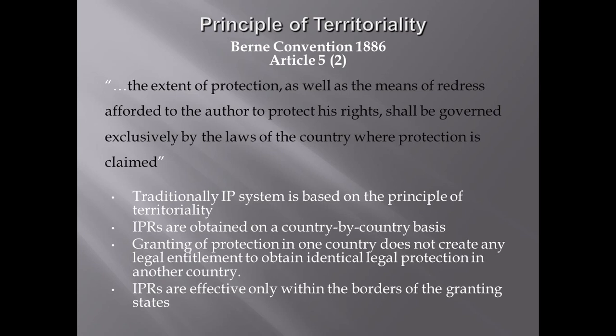For example, the principle of territoriality is defined in the Berne Convention of 1886, where Article 5.2 says that the extent of protection as well as the means of redress afforded to the author to protect his rights shall be governed exclusively by the laws of the country where protection is claimed. So this is what the Berne Convention says on the principle of territoriality.